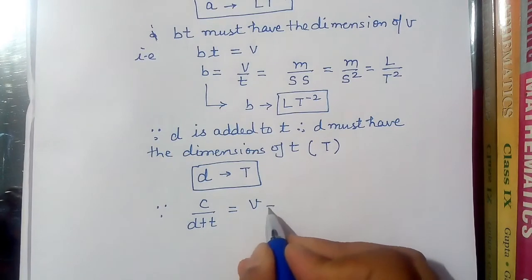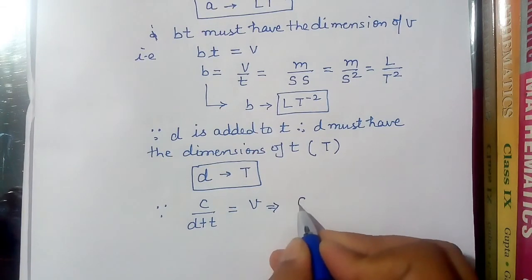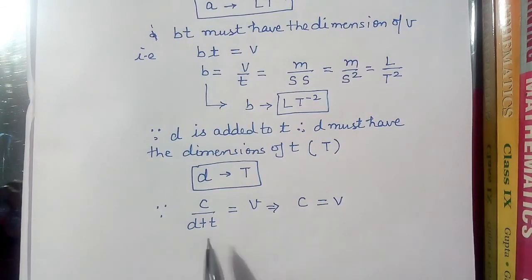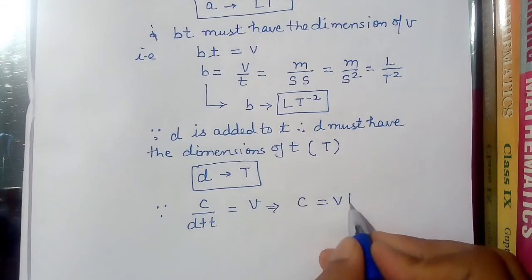It implies C is equal to velocity times, so now pay attention, here we have D and we have calculated its dimension as T, and it is again T. So T plus T, whatever comes, will have the dimension of time. So this whole thing becomes time. So here we can write T.